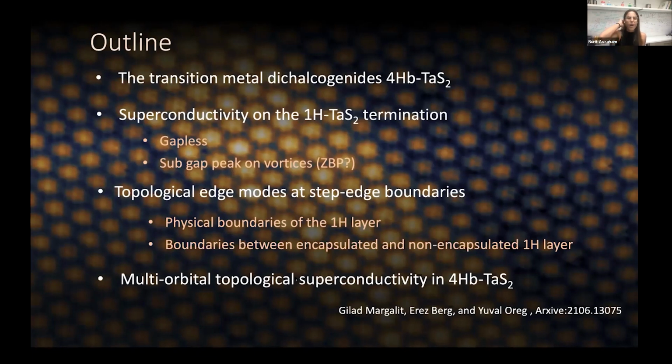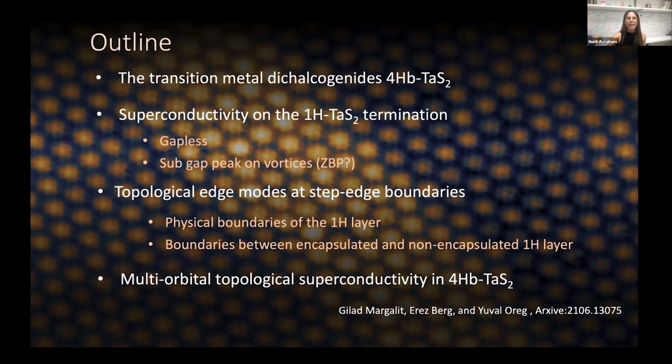And finally, I'll describe the theoretical model that captured all our observations. This theoretical model was actually extended in a separate paper by Gilad Margalit, Erzberg, and Yuval Oreg, and it appeared just recently on the arXiv.